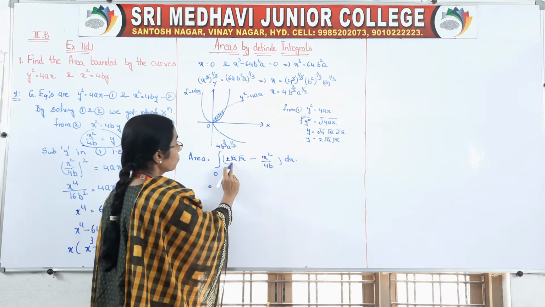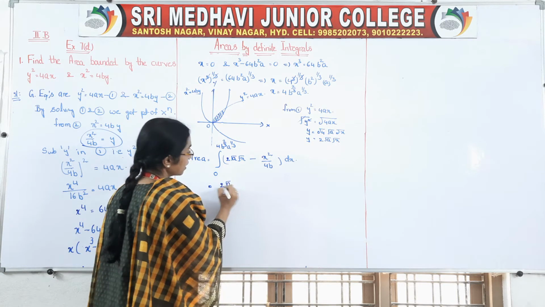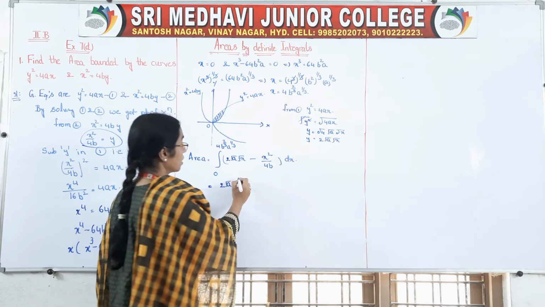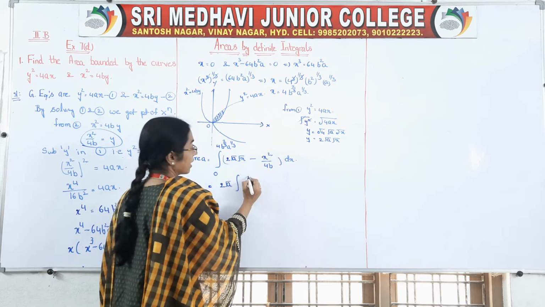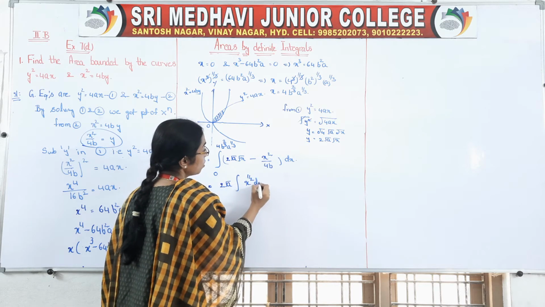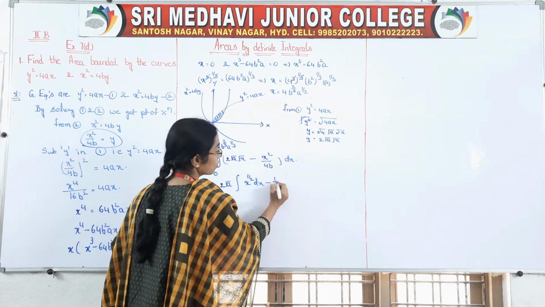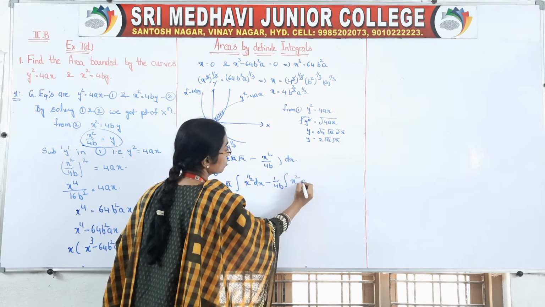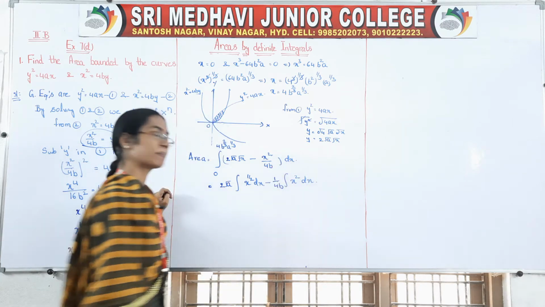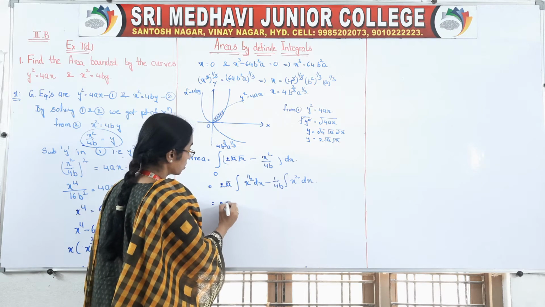So how will we take it? Here 2 is constant, root a is constant, so we will take integral root x, which can be written as x to the power of 1 by 2 dx, minus, here 4b is constant, so 1 by 4b outside, integral x square dx. So it is equal to 2 root a.